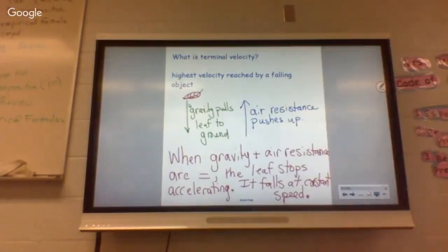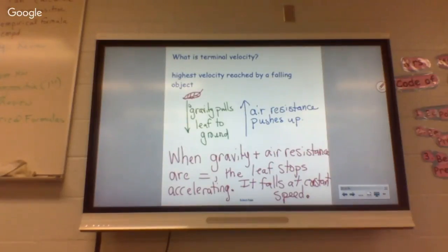The thing people miss when I say it stops accelerating, they think it stops what? Moving. Okay? It doesn't stop moving. It stops accelerating. It's not going any faster. It has reached constant speed. You fall at a steady rate at that point.